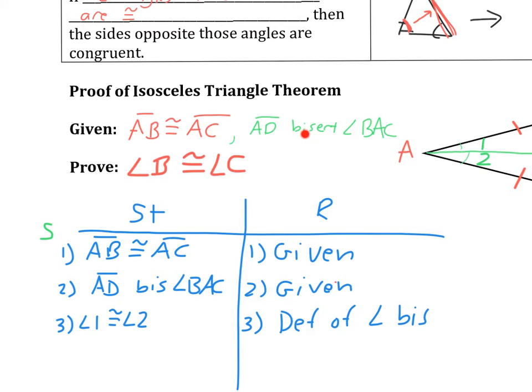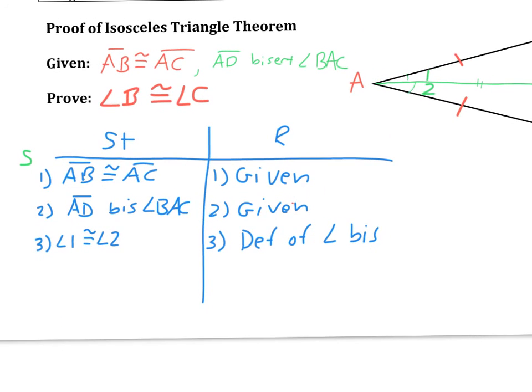Again, if I use a word, there's a 99% chance that I'm going to use the definition of that term in the proof itself. All right, continuing on, the next thing I need is another pair of sides, since that was my pair of angles right there. Now I need another pair of sides, and that would be AD is congruent to itself by our friend the reflexive property.